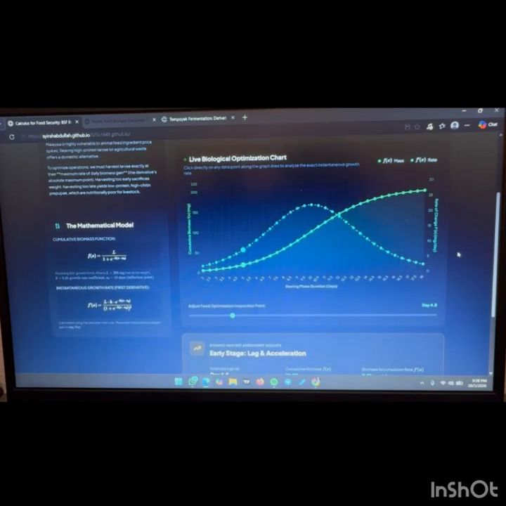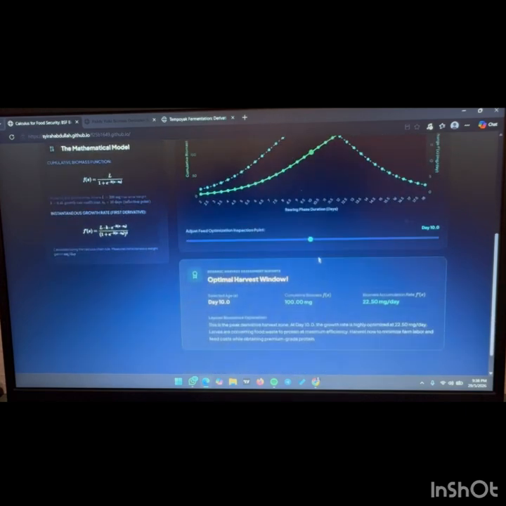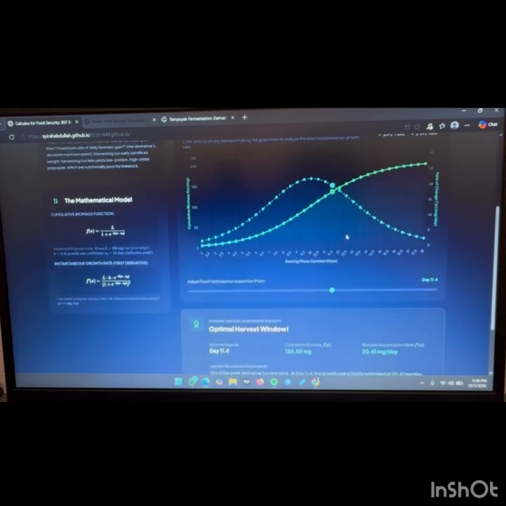The graph clearly shows that the derivative reaches its highest point around day 10 before declining afterward. Lastly, the optimal harvest window section explains that harvesting on day 10 allows farmers to obtain maximum protein efficiency while reducing farm cost and waste.